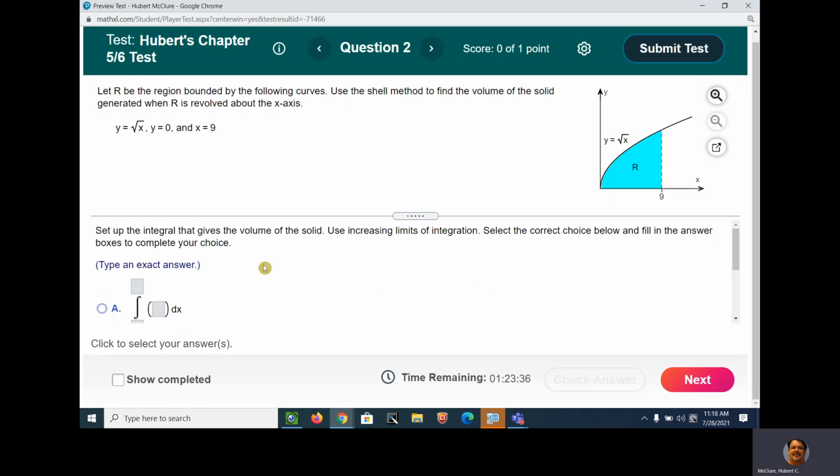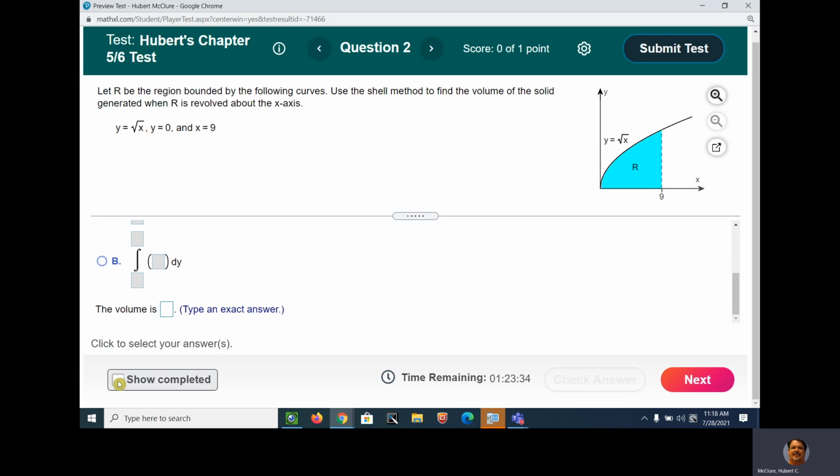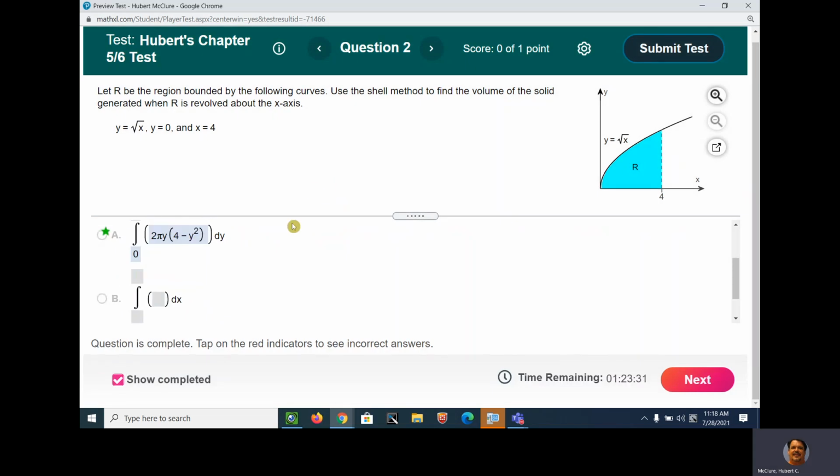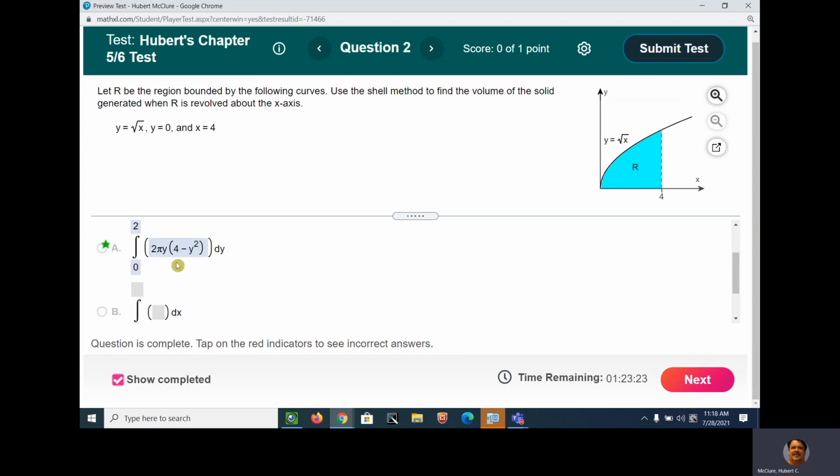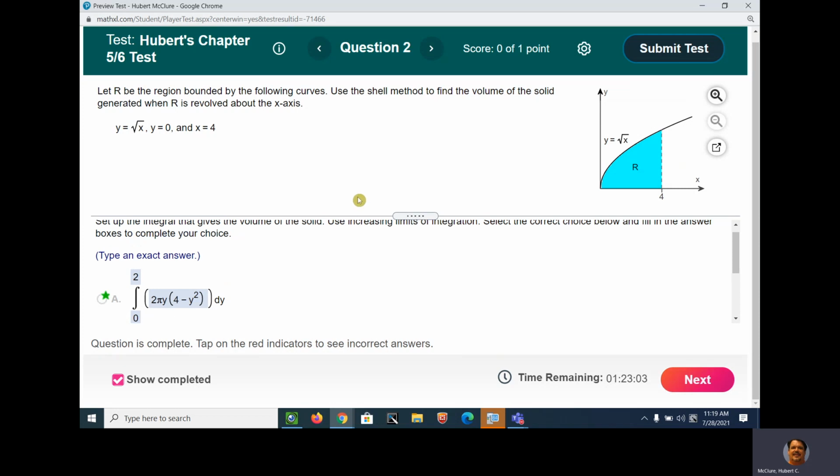And x equal to 4, there's your setup. They're asking for volume here, so that's where you throw your pi in there, 2 pi. I think it said by the shell method, so that's why it's 2 pi. And 8 pi. I think we did one like this in class. Next.